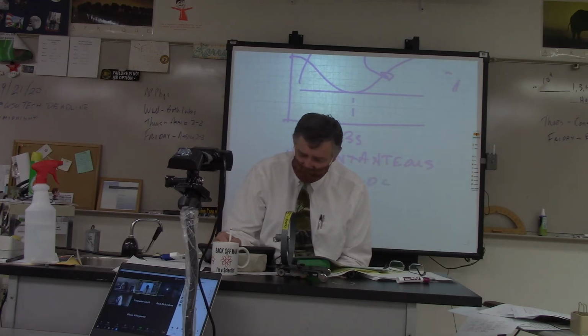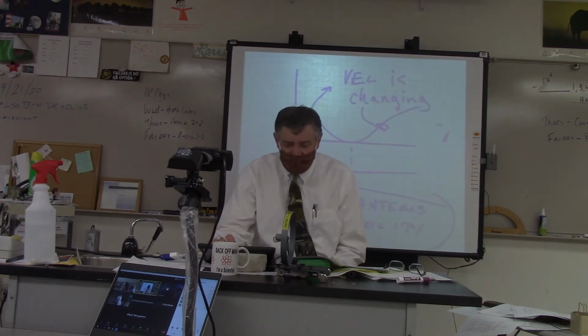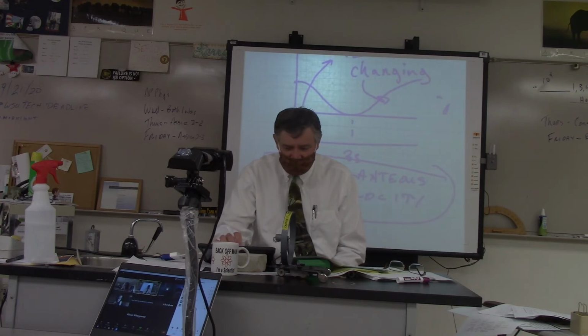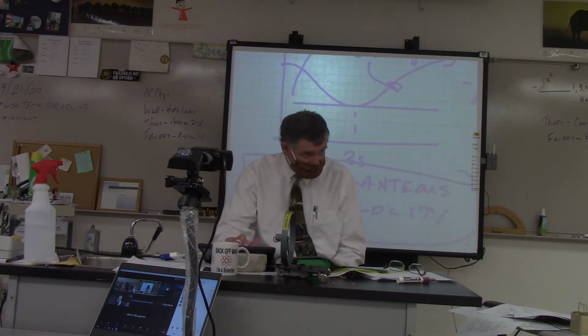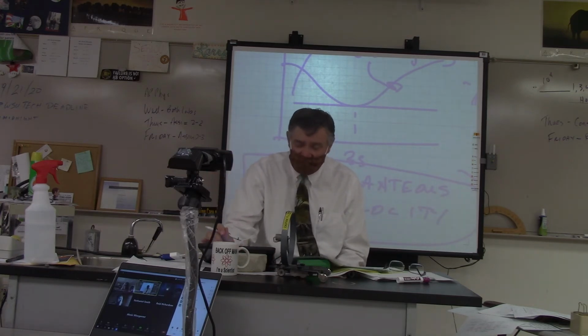Close enough. Or you can say that's the velocity at a point in time. So, I will only ask you to draw tangent lines when it's curved, and then I'll say, what does that get you? It gets you an instantaneous velocity.